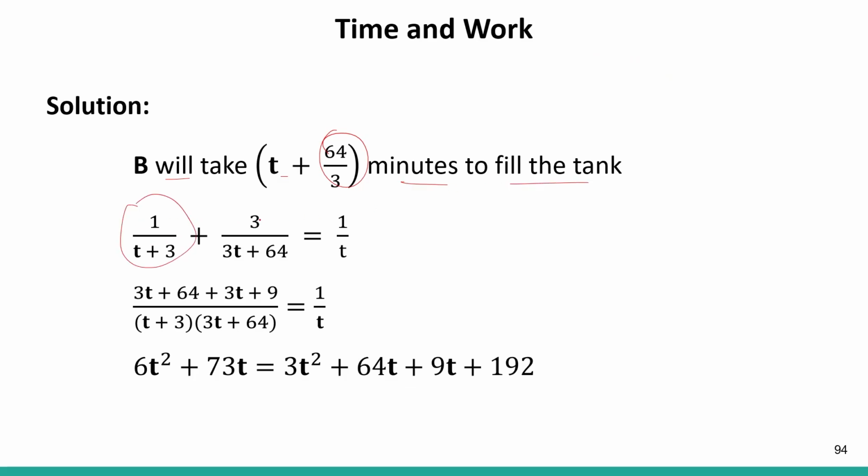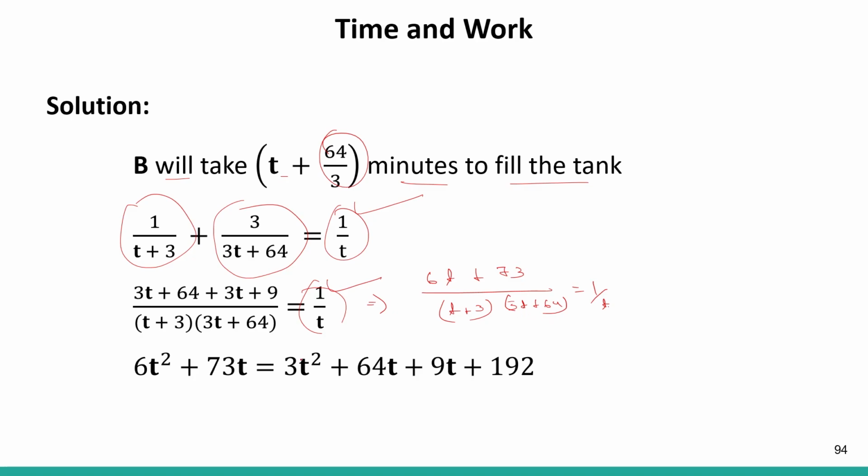So 1/(T+3) plus 3/(3T+64) is equal to 1/T. So (3T+64+3T+9) over (T+3)(3T+64) is equal to 1/T. Solving further, 6T plus 73 over (T+3)(3T+64) is equal to 1/T. So 6T² plus 73T is equal to 3T² plus 64T plus 9T plus 192.